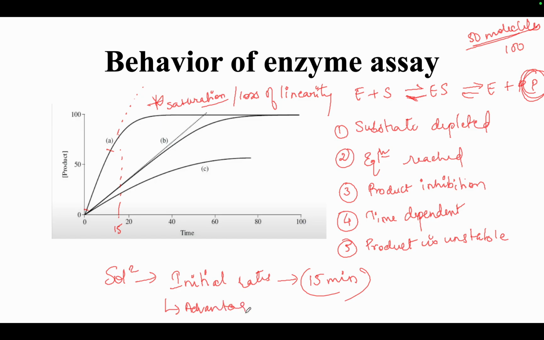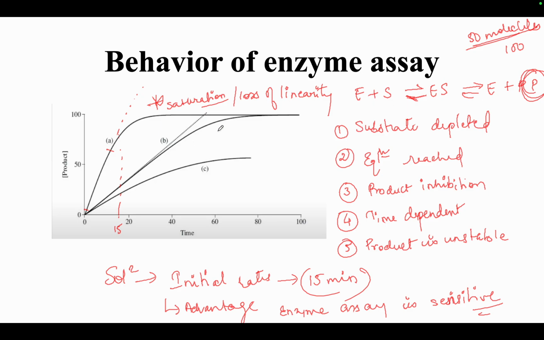During this linear phase, the enzyme assay is very sensitive. That's why it is better to measure only the initial state. Also, equilibrium doesn't reach, so the reverse reaction, the formation of free enzyme and substrate, will not occur.